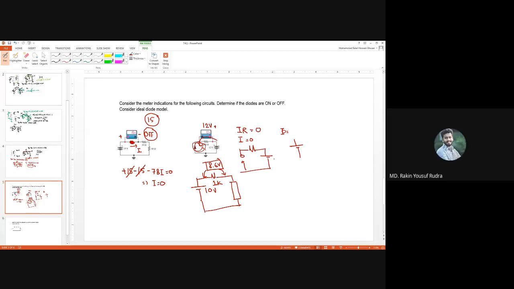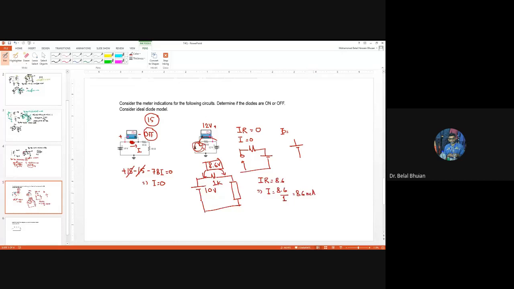First of all, we determine the current. We know the current is equal to V over R, which is 8.6 volt, and R is equal to 1K. So I is equal to 8.6 divided by 1, 8.6 milliampere.